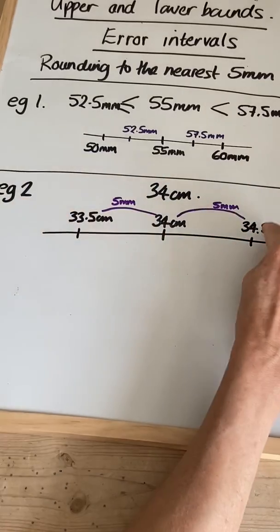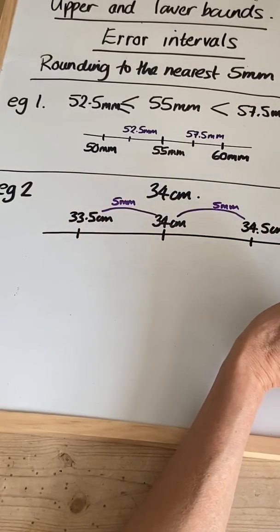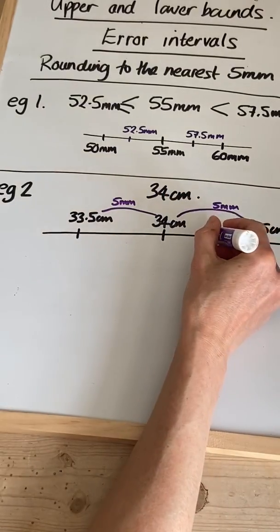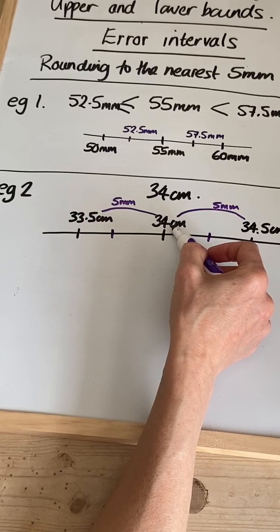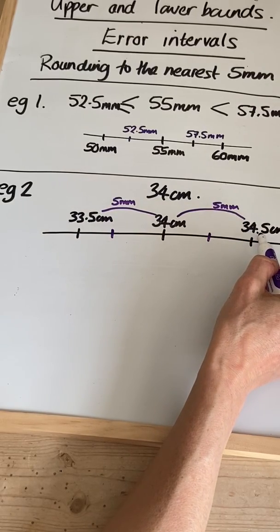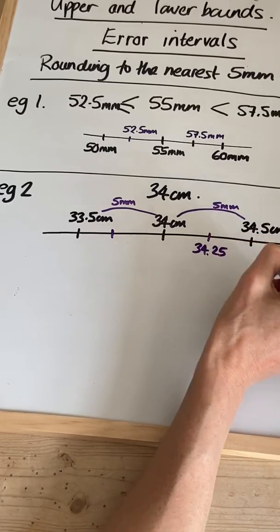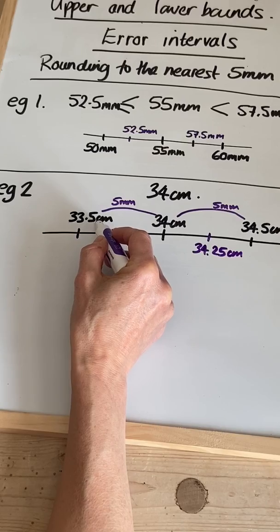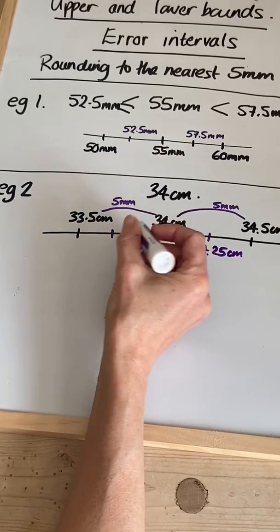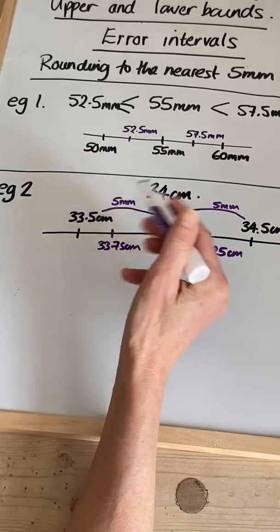So I've put it as 0.5 of a centimeter. Halfway points. Halfway between 34 and 34.5 is 34.25 centimeters. Halfway between 33.5 and 34 is 33.75 centimeters.